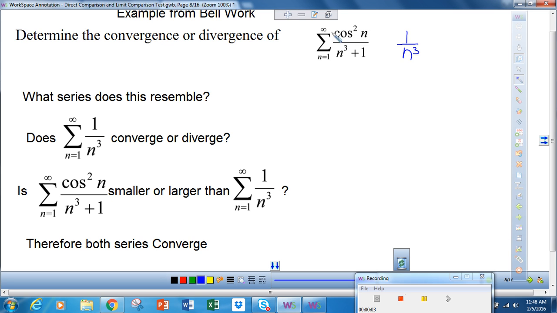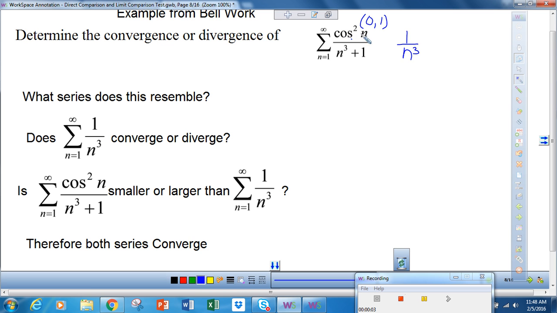Now, what do I know about cosine squared n? Cosine squared n is going to oscillate between 0 and 1. Because I'm squaring it, it's always going to be positive, but it's between 0 and 1. So essentially, it's a fraction.